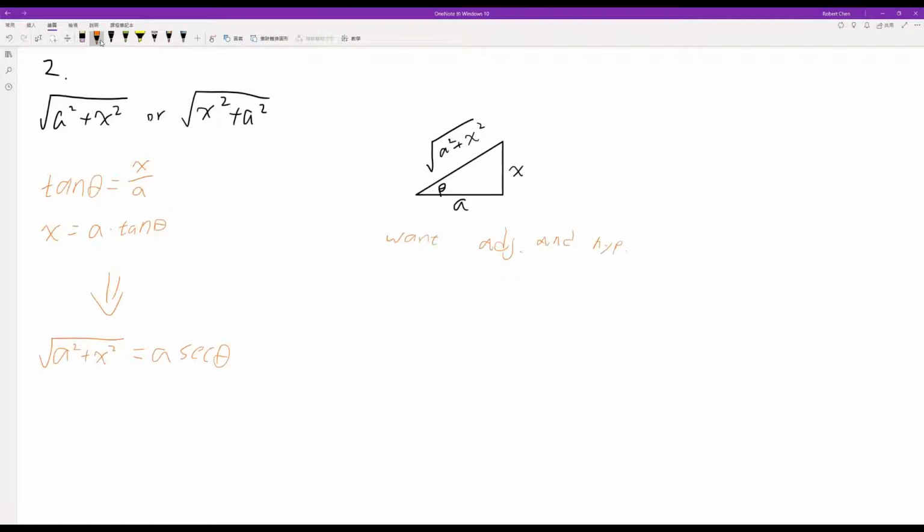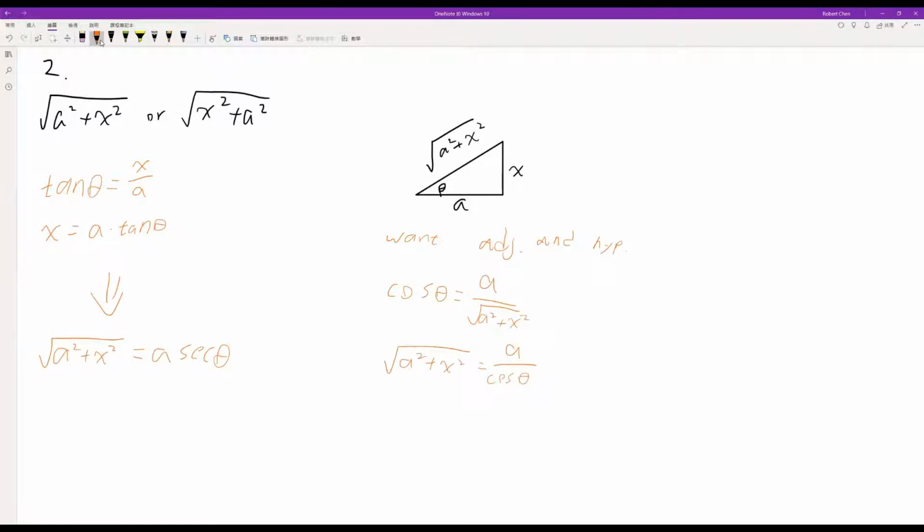Right? And the ratio that gives us adjacent and hypotenuse is cosine. Right? So let's see. Cosine theta is a over the square root of a squared plus x squared. Right? But if we do that, we multiply the denominator over, and then divide by the cosine. We get the square root of a squared plus x squared is a over cosine theta.